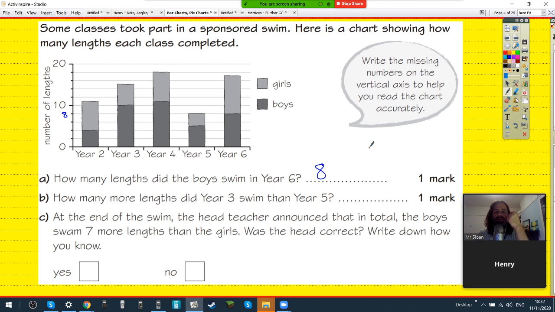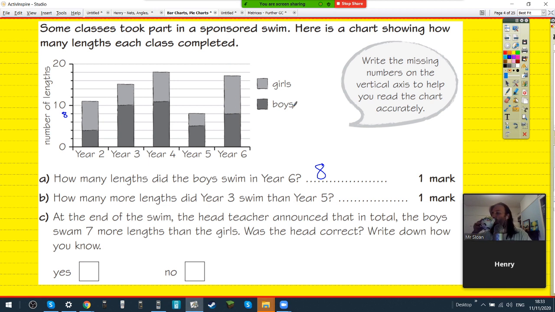It's like so the year 6 boys are 8, and there's the year 6 girls, 2, 4, 6, 17. Well, altogether they'd be 17. Oh, so the girls are just on top of it. Yeah. Okay.